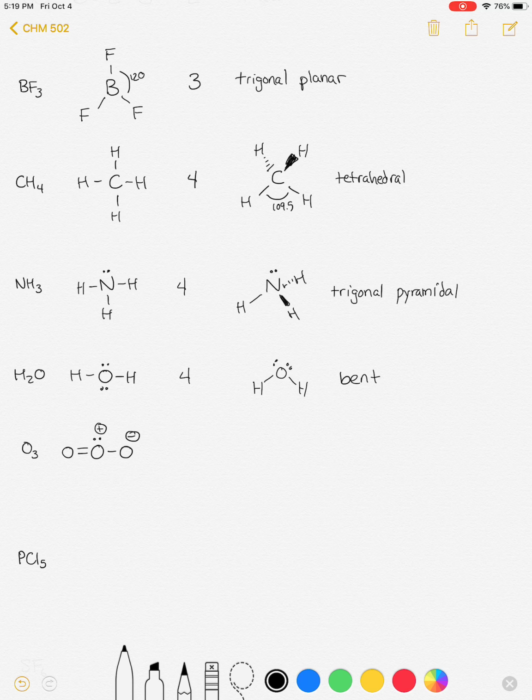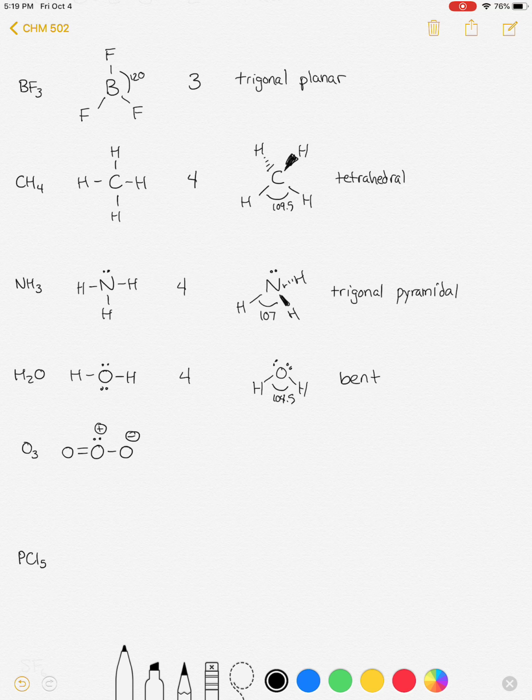What is this going to do to the bond angle? It turns out that lone pairs take up a little bit more space than bonds, so it smushes all the atoms together. For the trigonal pyramidal ammonia, rather than a bond angle of 109.5, it has a bond angle of 107. And water with 2 lone pairs is even more smushed together and has a bond angle of 104.5.